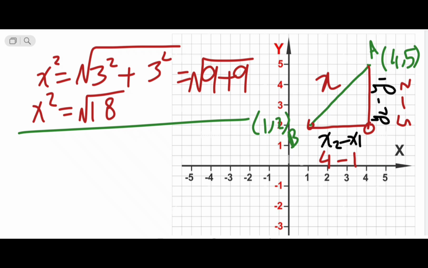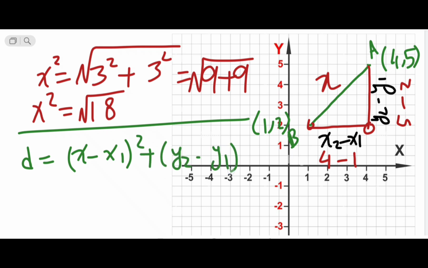Okay, now we will use the distance formula to see the answer. It should be the same, because Pythagoras theorem and the distance between 2 points are connected with each other. So the distance formula we learned already: x2 minus x1 squared plus y2 minus y1 squared, and square root.